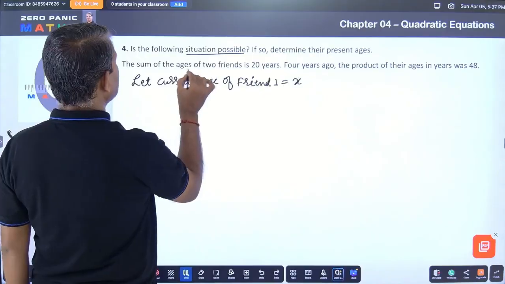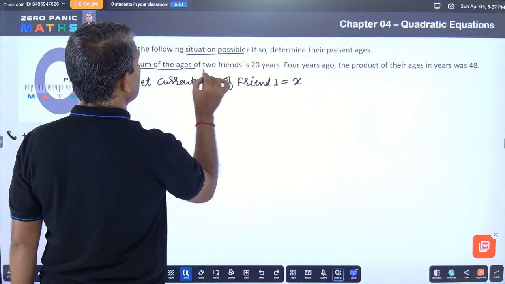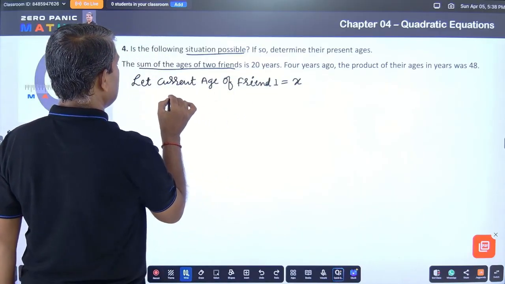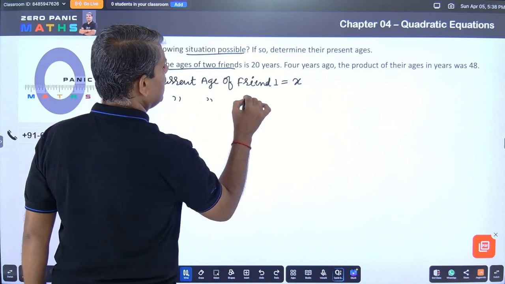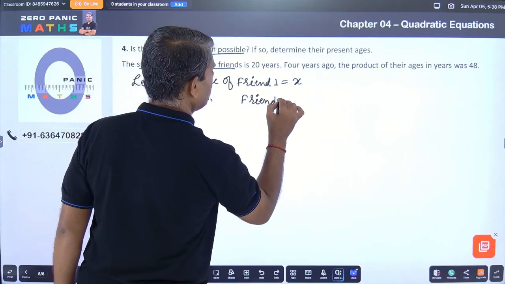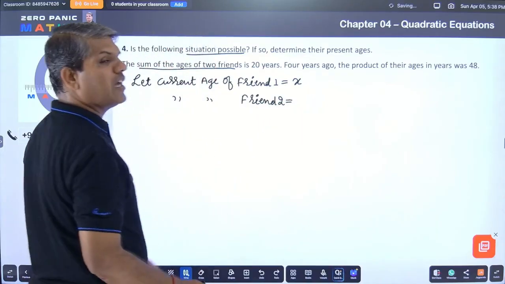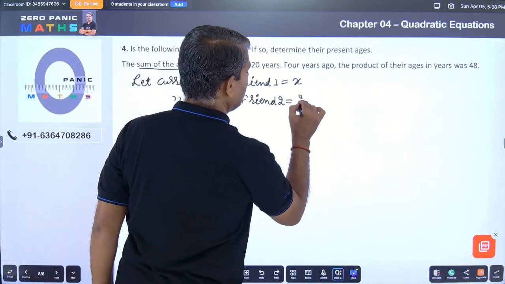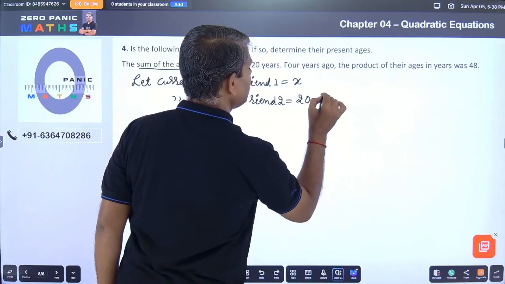So the sum of the two friends is 20, right? And the current age of friend two will be, if it is x plus y, then it will be, sorry, 20 minus x.